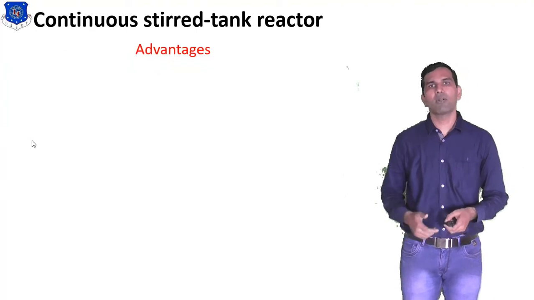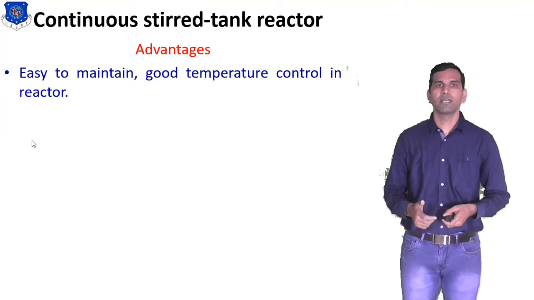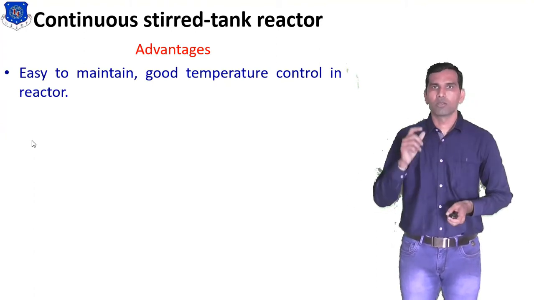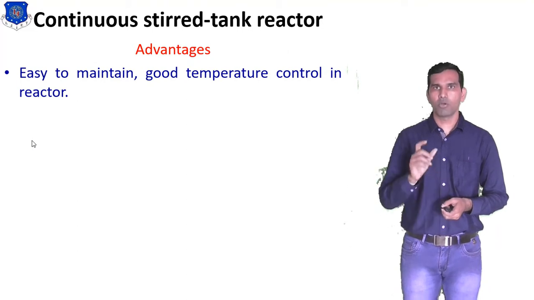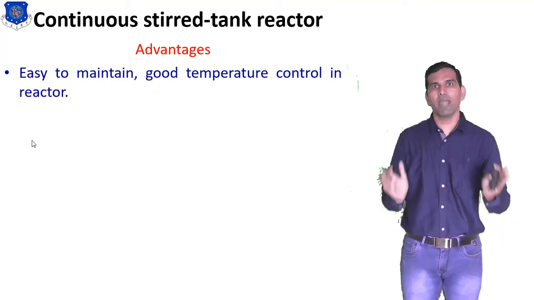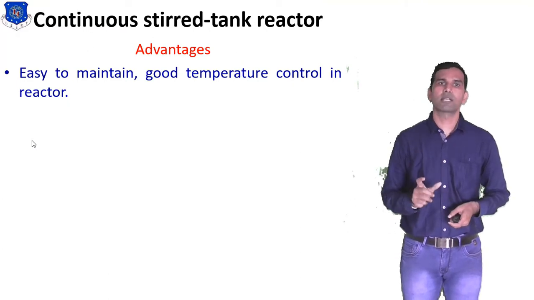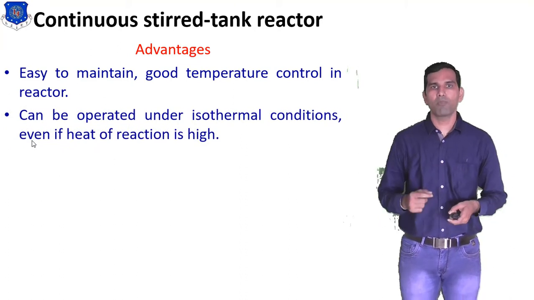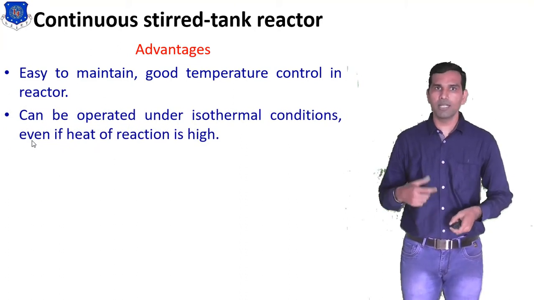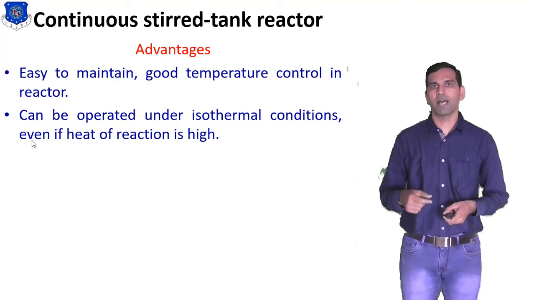Now we discuss the advantages of CSTR. The first advantage is that it is easy to maintain good temperature control in the reactor. That means the most important advantage is good temperature control as compared to other reactors. Next, it can be operated under isothermal condition even if the heat of reaction is high.